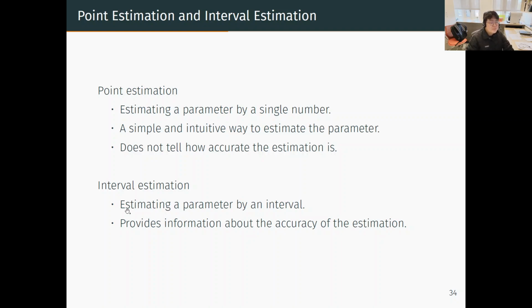Because instead of a number, we are giving an interval where the truth will be included, right? It provides additional information beyond a point estimator because it tells you how accurate you are. For example, if you are sure about your estimator, then you don't need to allow a large margin of error.